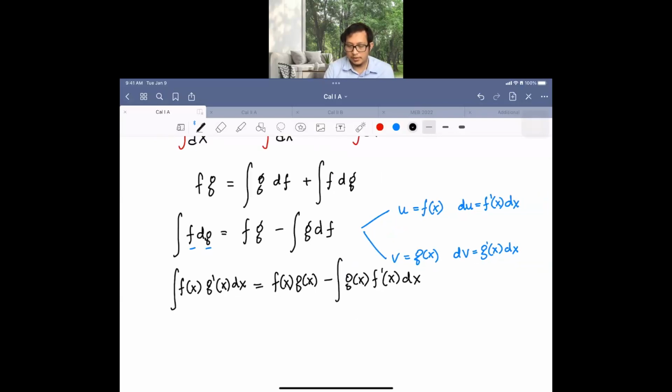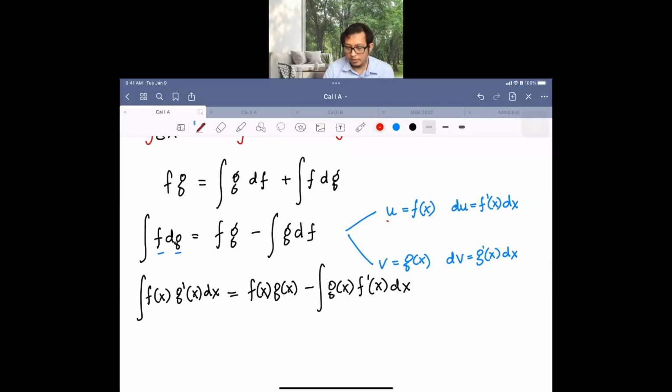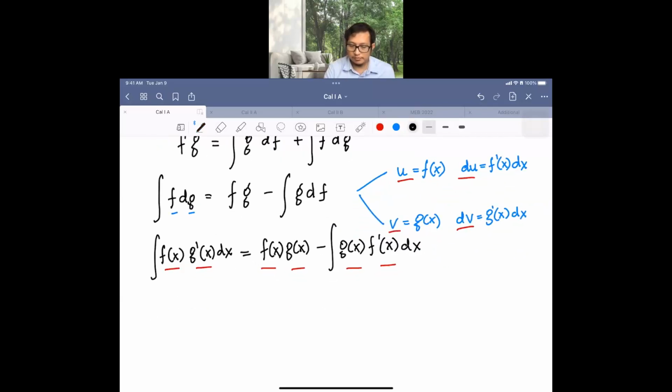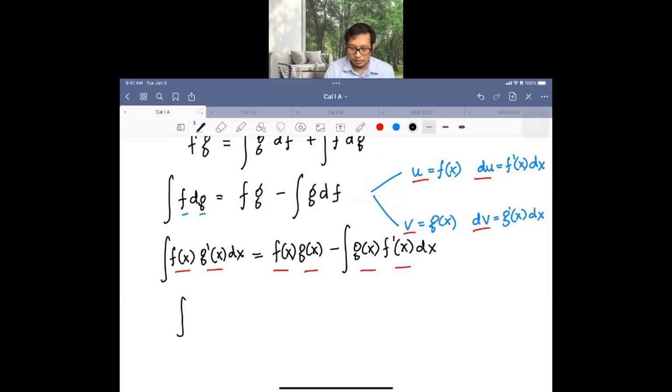Then let's change all the terms with u, v, du, and dv. So this becomes the integral of u dv equals uv minus the integral of v du.